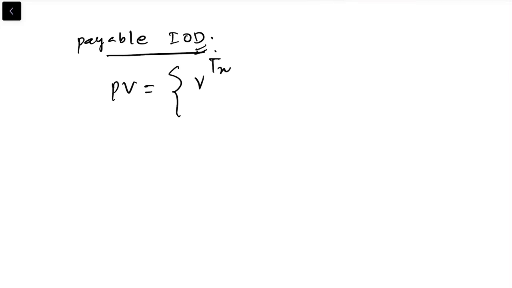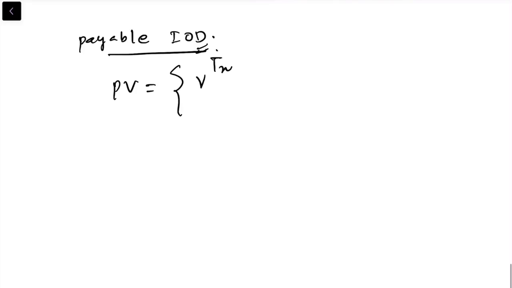Whenever you die, the nominee will get the money at that point. So this is not necessarily an integer number, we are considering any number including fractions. That's why here we have a continuous random variable, and this is for Tx less than n, and PV equals 0 when Tx is greater than or equal to n.